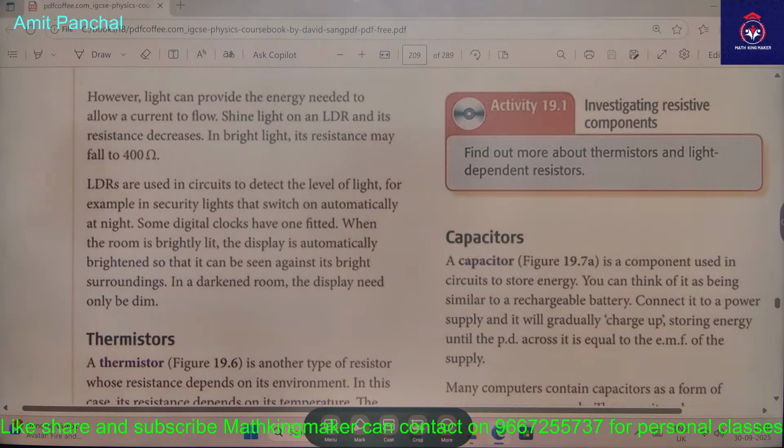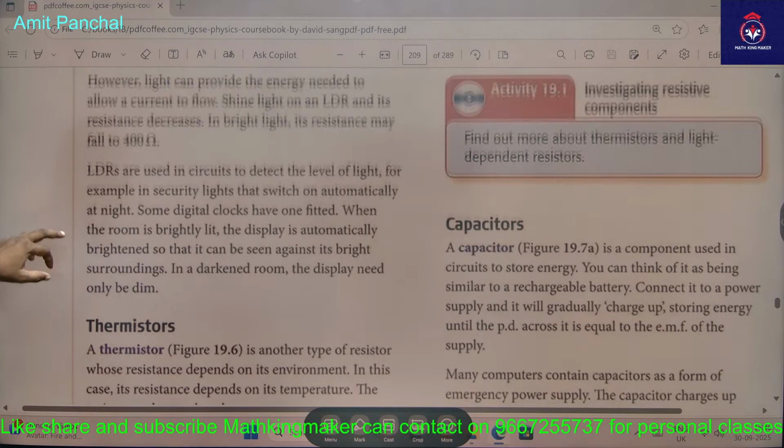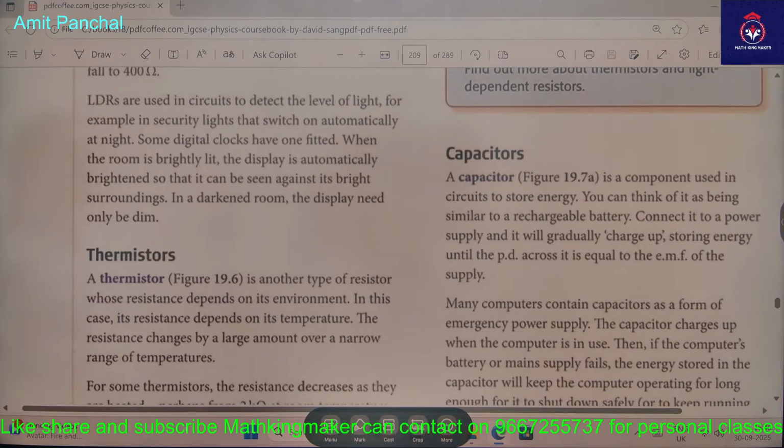So LDRs are used in circuits to detect the level of light, whether there is light or not, and what the level of light is. For example, in security lights that switch on automatically at night. Some digital clocks have one fitted.